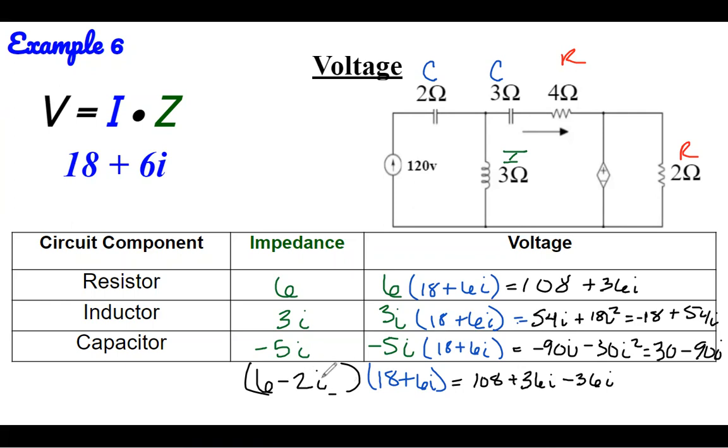And the last one, negative 2i times 6i, negative 12i squared, which becomes a positive 12. What happens to my 36i and my negative 36i? They cancel out. So I'm left with 108 plus 12, which is 120. Raise your hand if you got that.